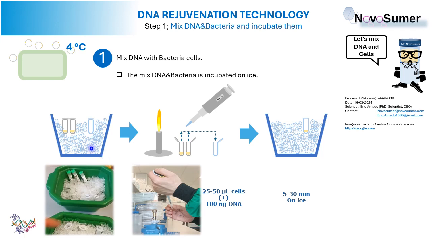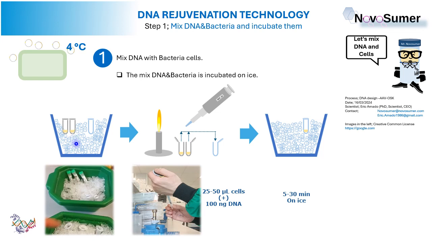And what do we need? We need a vial with cells, competent cells. Competent cells are cells that are chemically prepared to accept DNA inside. So here you see competent cells. What is the other thing that we need? The DNA, right?